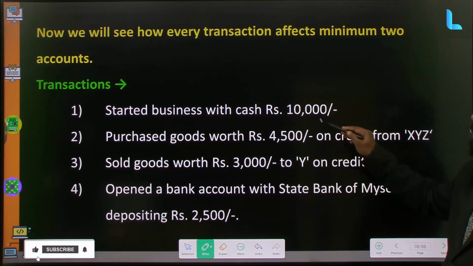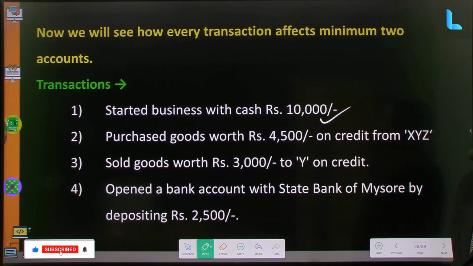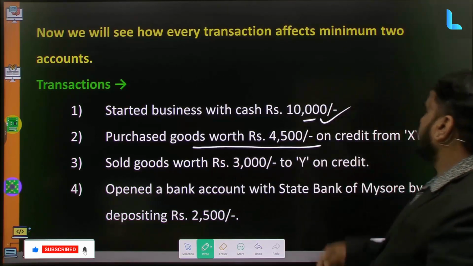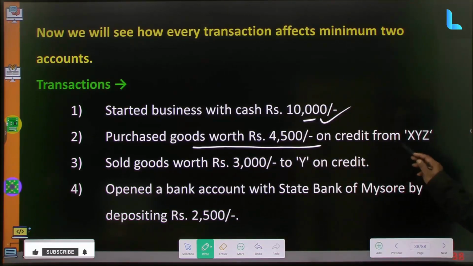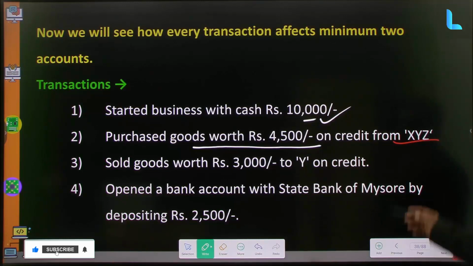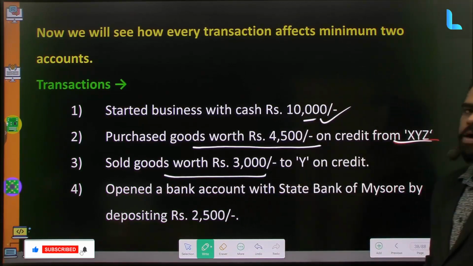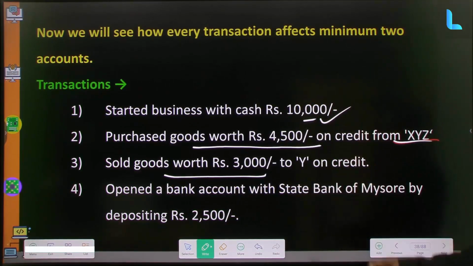The first example here is a person starting the business with 10,000. So this will be the capital investment. Then he has purchased some goods worth 4,500 on credit from a company or other creditor called XYZ. Similarly, he has sold goods worth rupees 3,000 to Y on credit. So these are all transactions.